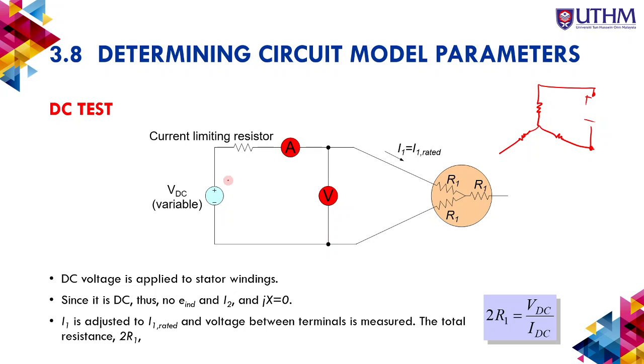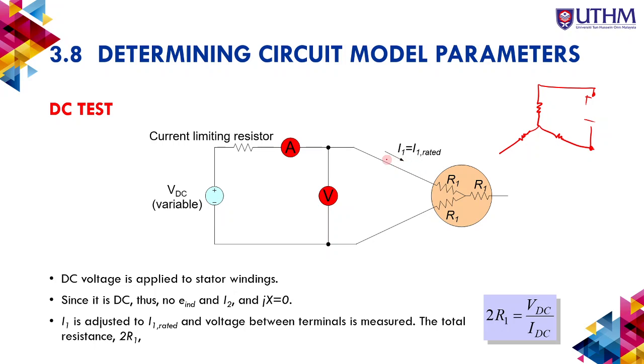So we supply a DC voltage, and we put an ammeter and also a voltmeter. Why do we need to limit the current? Because we want to vary the current until the current flows up to the rated current, similar to when using AC.